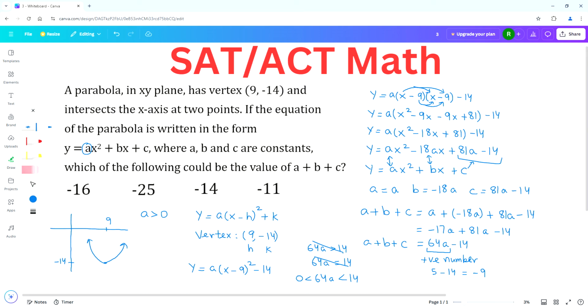Or if 64a is equal to say 10, then 10 minus 14 will be equal to negative 4, and negative 4 is greater than negative 14. Among the given answer choices, only negative 11 is greater. So a possible value of a plus b plus c is equal to negative 11. So the answer should be option D.